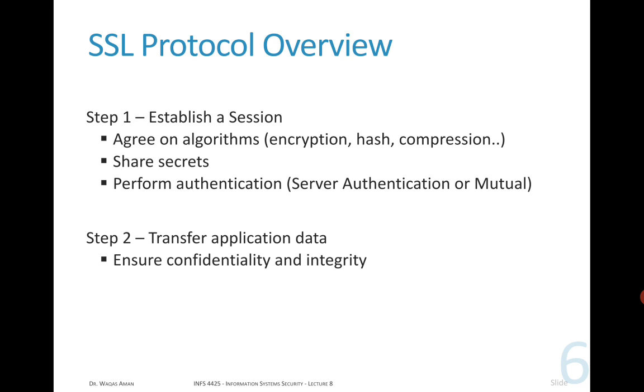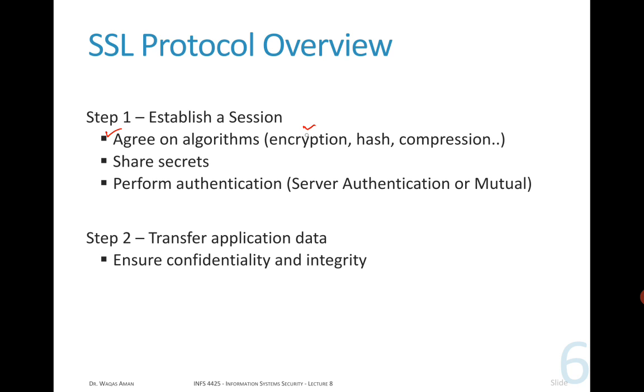During this session, what happens? The client and the server agree on algorithms. Which algorithms? The algorithm necessary for compression, the algorithm necessary for confidentiality, and the one for message integrity. So both communicating parties first agree on these algorithms. These algorithms require what?